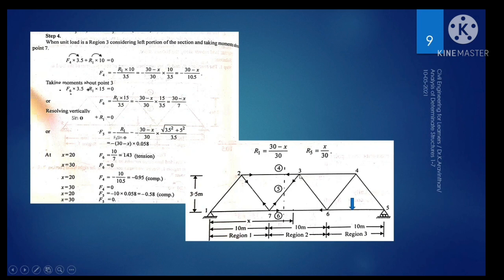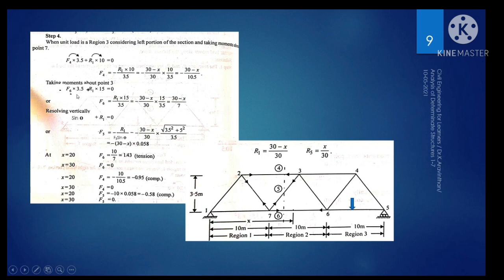Okay, next let us take the point 3, and at joint 3, when you are looking into the left hand side portion, you will be having R1 into a distance of 15, which will be clockwise. R1 into 15 will be clockwise, and F6 into a distance of 3.5 will be anti-clockwise, hence it is minus.